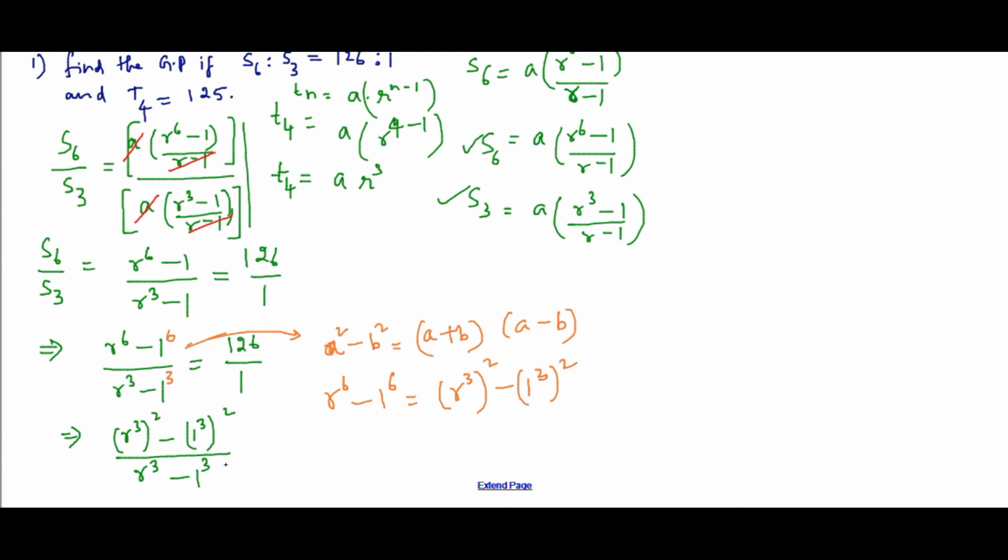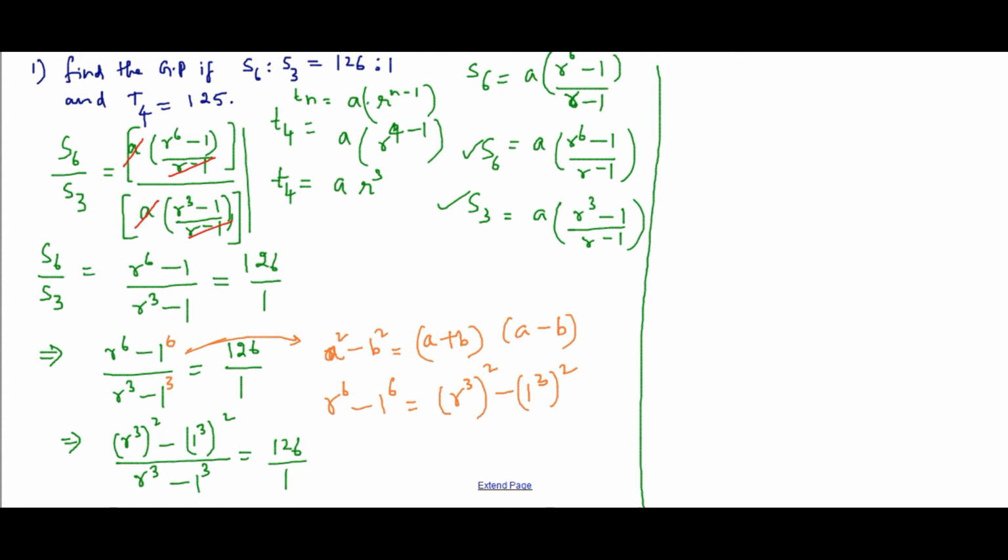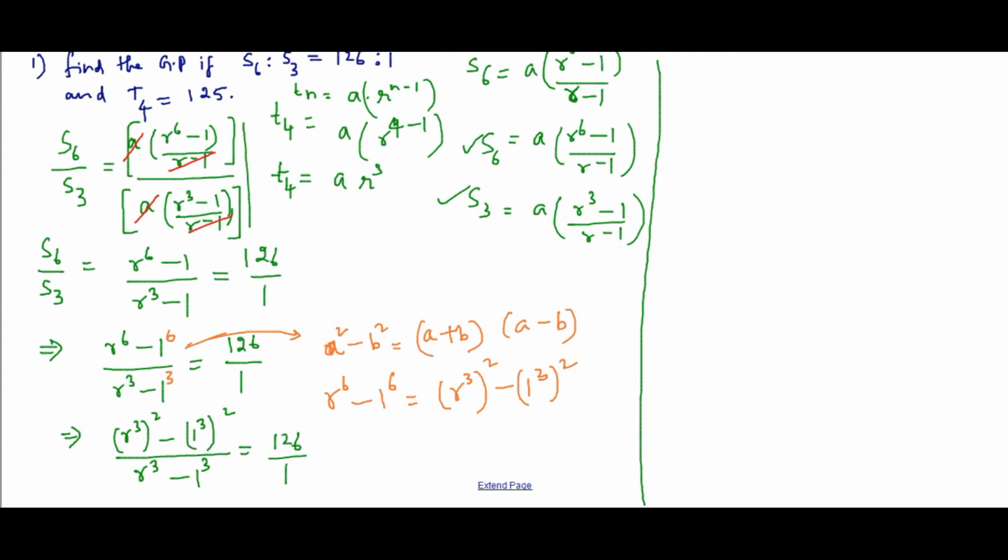Do we touch the denominator? No, we don't touch the denominator. We'll keep the denominator as it is. Only the numerator will be changed so that I can use this for my further calculations. So what do you get? R power 3 whole power 2 minus 1 power 3 whole power 2, because R power 6 can be written as R cube whole square. You remember this one?